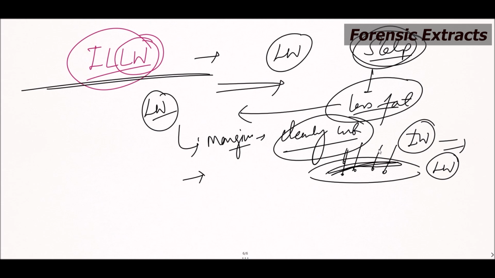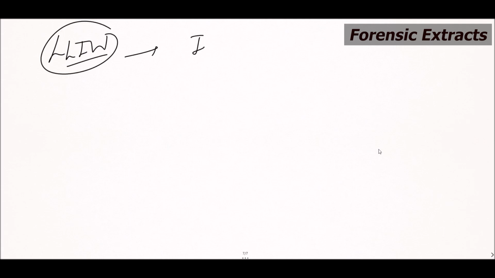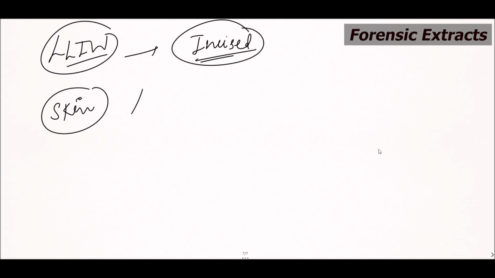But the opposite injury, that is the lacerated looking incised wounds, are actually incised injuries. Actually these injuries are incised wounds, but they look like lacerated because the skin on these areas is loose.